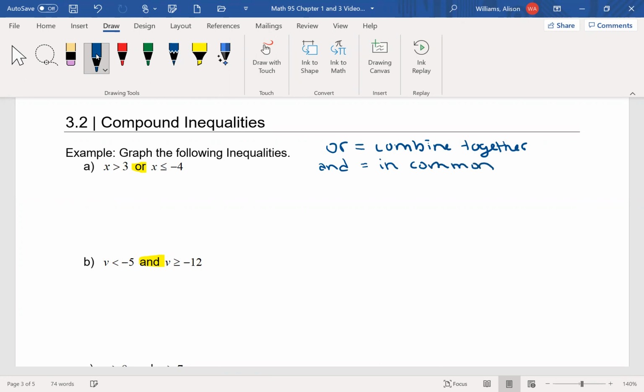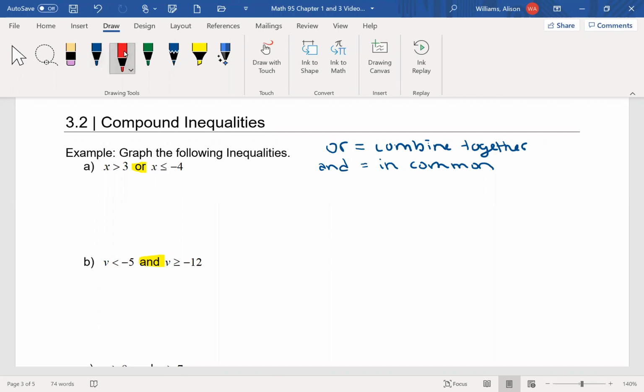So I'm going to start by graphing each inequality separately, and then I'm going to look at what it means to think of it as an or or an and, and then take that and draw a new graph of the two of them together based on whether we're using an or or an and.